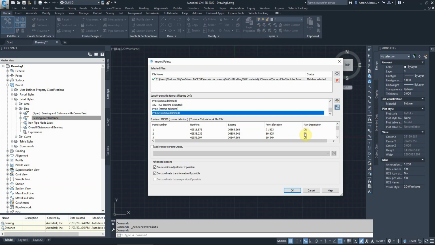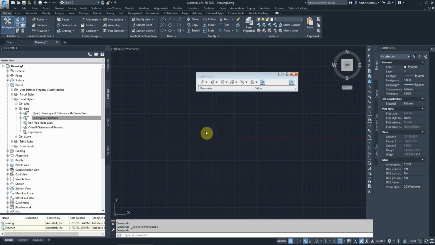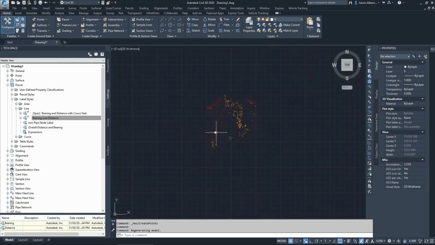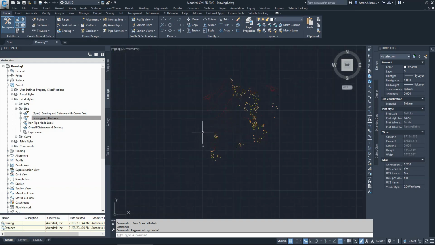When I import those, I'm waiting for the software to import them. The software is reading that data. It's a large Excel sheet, simple as that. As you will see, all points were located in the first quadrant because all of them have positive northing and easting.